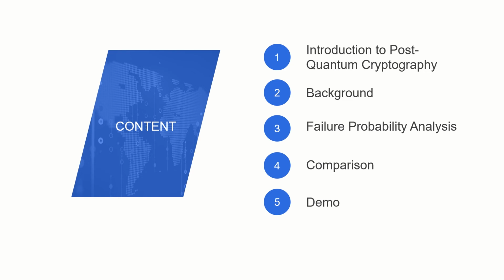The presentation is divided into 5 parts. Firstly, I will introduce post-quantum cryptography and its importance. Secondly, I will introduce the research background of Kyber, including its current failure probability analysis progress and the estimation method it adopts.